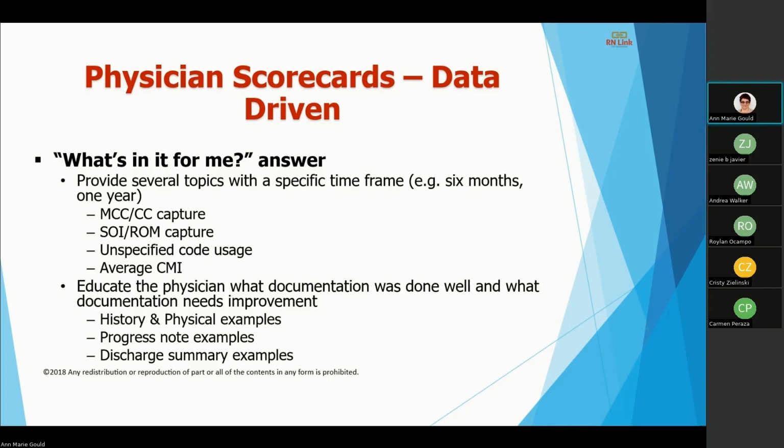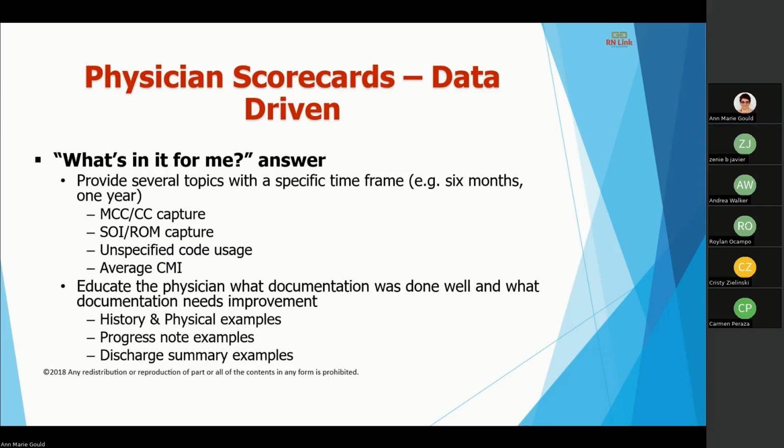Now, you can do separate physician scorecards, and then you can do a group scorecard for the hospitalist team, say. So you look at different hospitalist teams, and then you give them, oh, this other hospitalist team had this CMI of 2.1, but your hospitalist team only had 1.9. What happened? Okay. So a little friendly competition goes a long way with hospitalist teams, that's for sure.